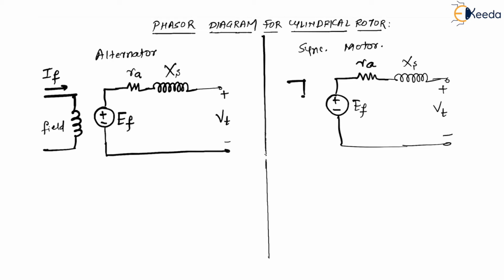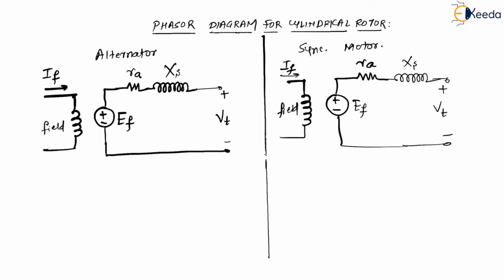And definitely this will also have a field, because at the end of the day it is the same machine. It will either be operated as an alternator or a motor. So the equivalent circuit will also be the same. Let me consider this as the IF current, the field current, and this is the field winding present on the rotor.